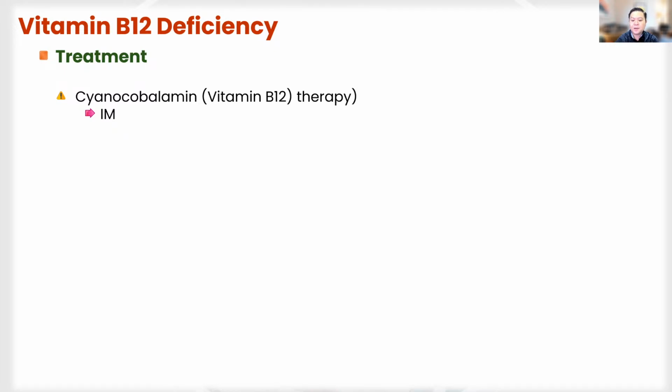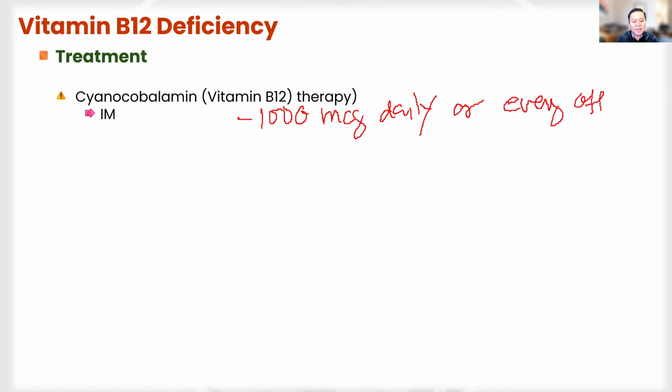So if we're talking about the intramuscular injection of the vitamin B12, their initial treatment will be about 1,000 micrograms daily. And also it can be given every other day for 1 to 2 weeks. So this would be the initial treatment of the vitamin B12 deficiency.